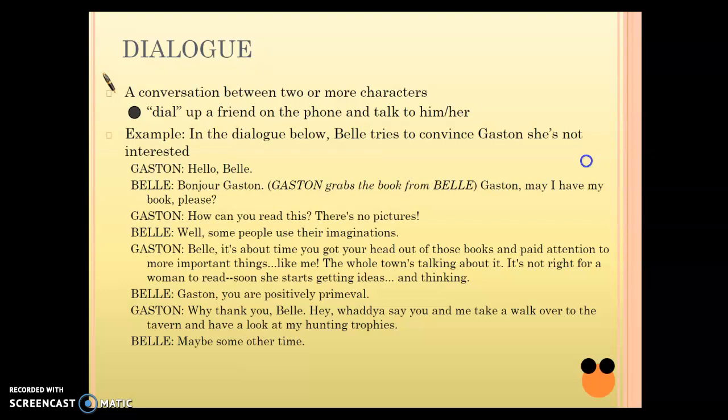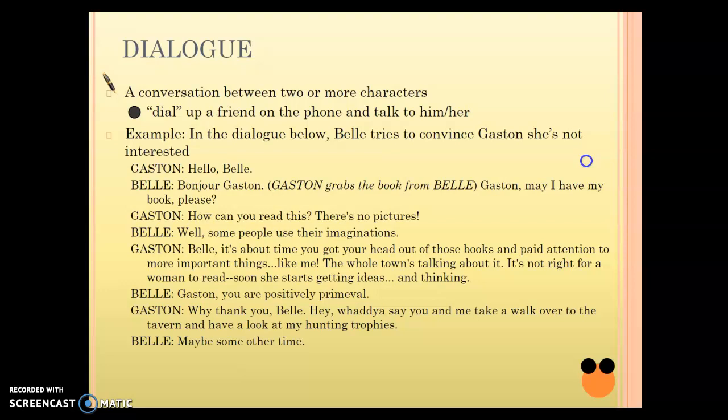Hello, Belle. Bonjour, Gaston. Gaston grabs the book from Belle. Gaston, may I have my book, please? How can you read this? There's no pictures. Well, some people use their imaginations. Belle, it's about time you get your head out of these books and paid attention to more important things. Like me. The whole town's talking about it.